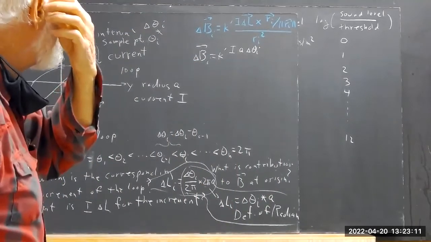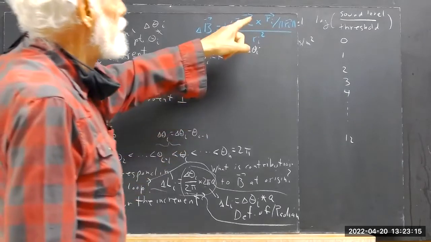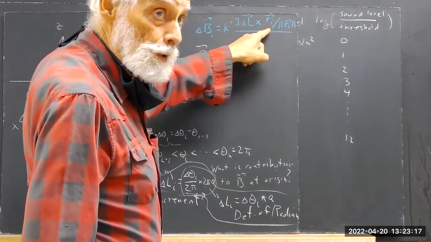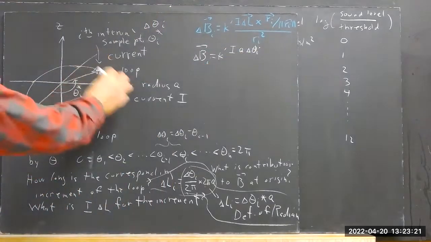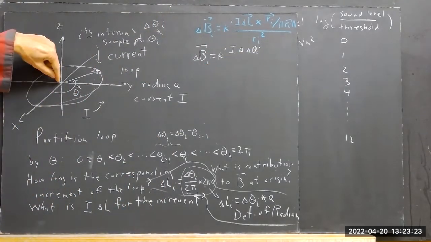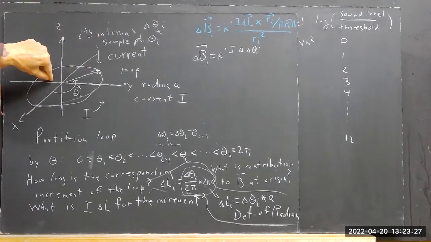Now, delta L is perpendicular to R sub i because delta L is in the plane here, and the R vector is radial from the origin out to the point because we're trying to calculate the field at the origin, right?